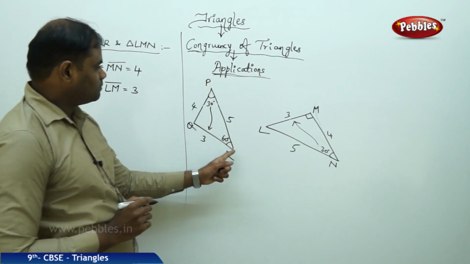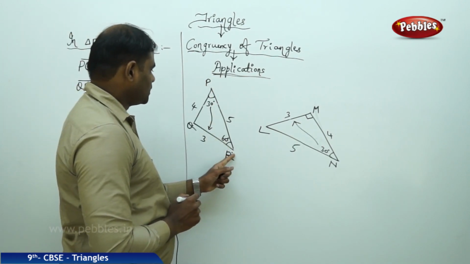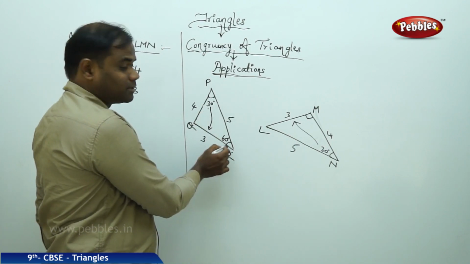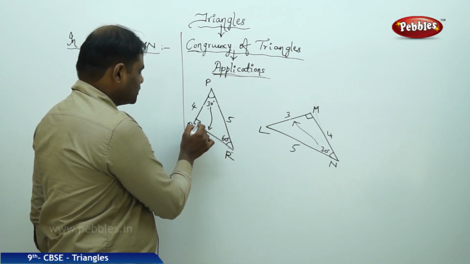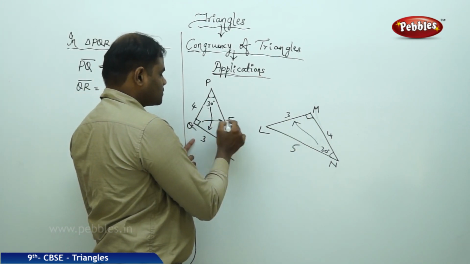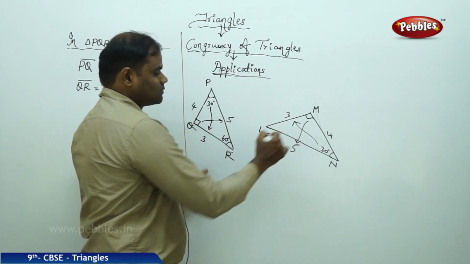Similarly, my PR is opposite to the 90 degrees, because when the angles are 30 degrees and 60 degrees, the third angle is a right angle, and here is also a right angle. So opposite to the right angle is 5 and opposite to the right angle is 5.